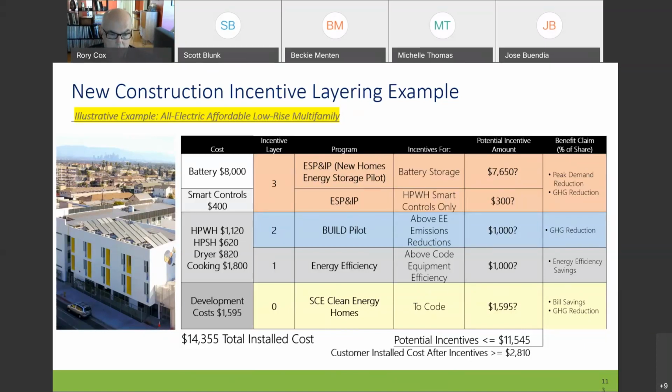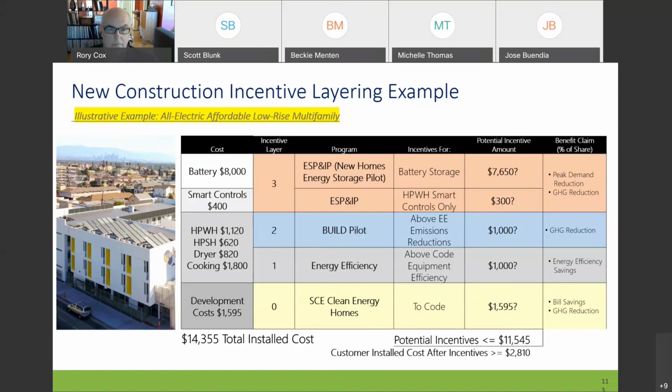But similar to the slide previously, if you add up all the incentives, you have just under $12,000, 11.5. The cost to the customer installed for going all electric and for getting all these options is just under $3,000. And again, similar to the previous slide, you have GHG. That's pretty much the underlying theme here.